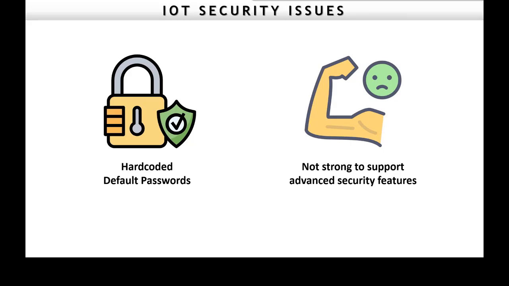And mostly the IoT devices might be sending simple data, right? If you are sending the temperature or other really simple data, people don't worry about it that much. The other challenge, as I said before, is that the device is not strong enough to support any kind of advanced security features like encryption. So those are the two big issues.